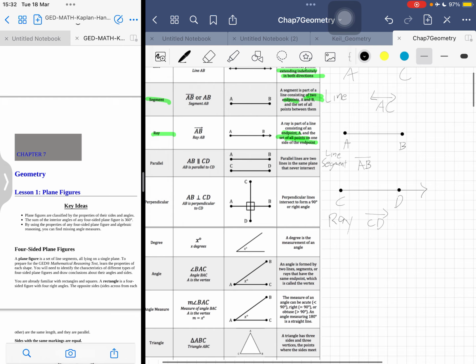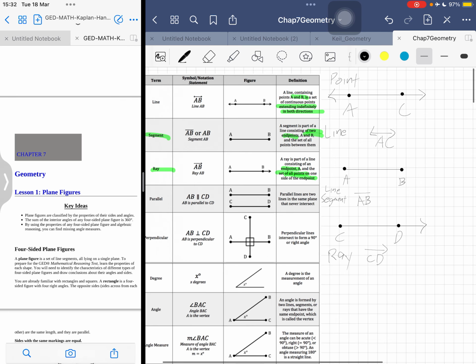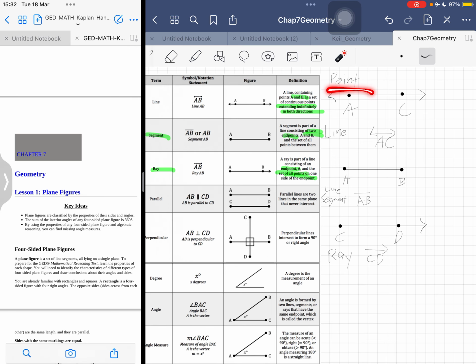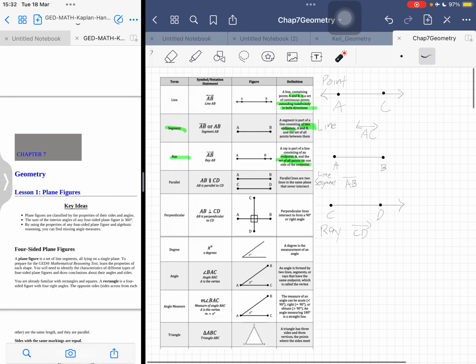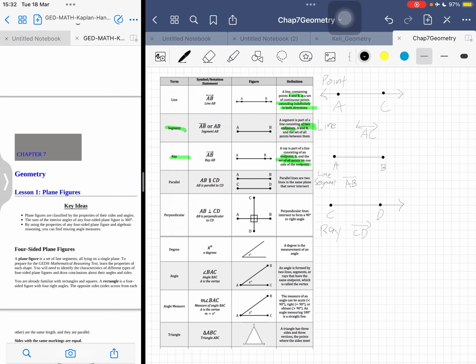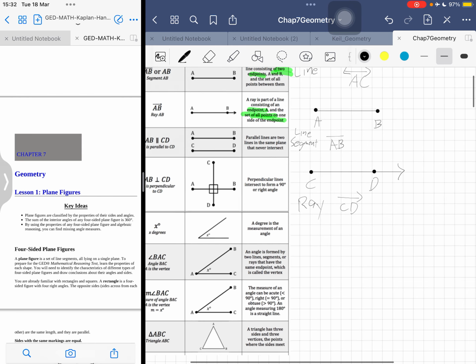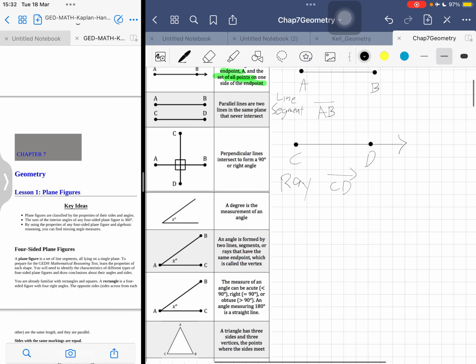Next, we have already finished point, line, line segment, and ray. Let's define parallel and perpendicular. First is parallel. Parallel is defined as two lines in the same plane, meaning the same surface.